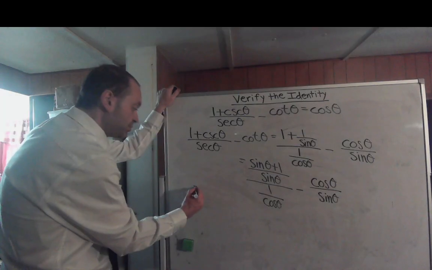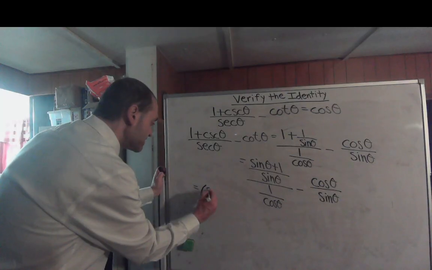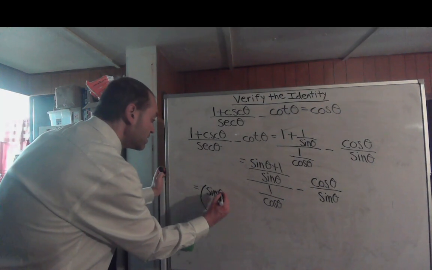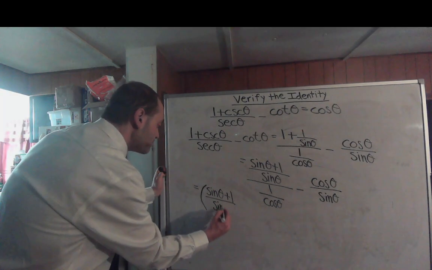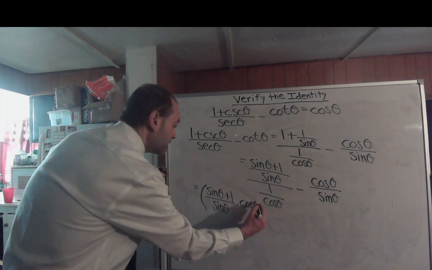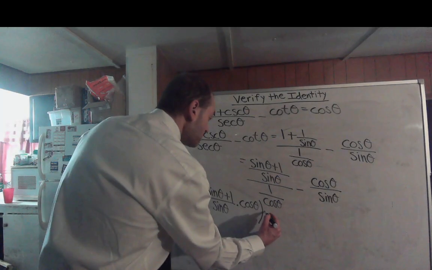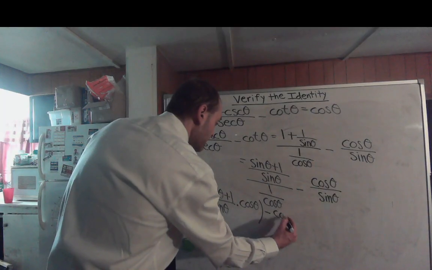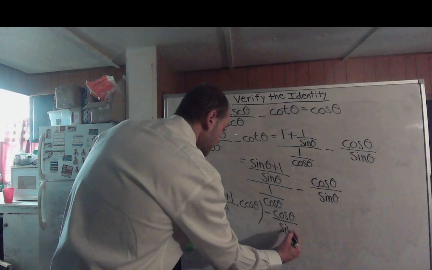Well, you have a complex fraction on your first term, so just invert and multiply. You'll have the sine of theta plus 1 all over the sine of theta times the cosine of theta minus the cosine of theta over the sine of theta.